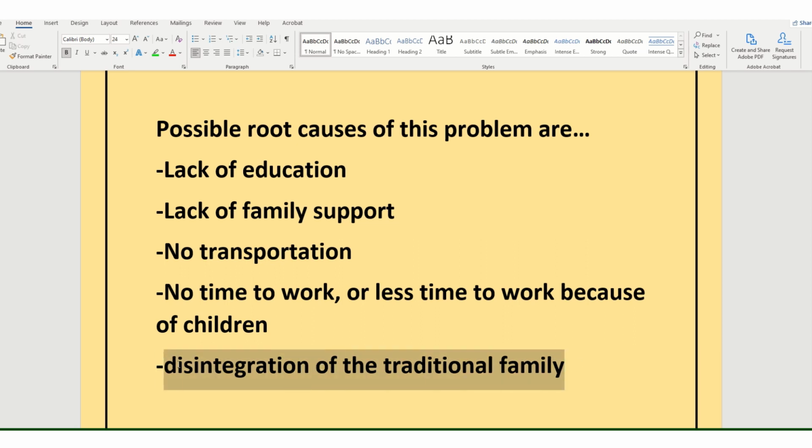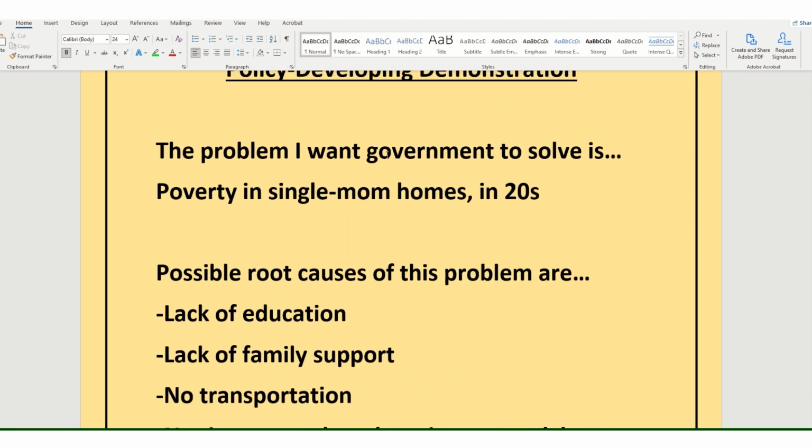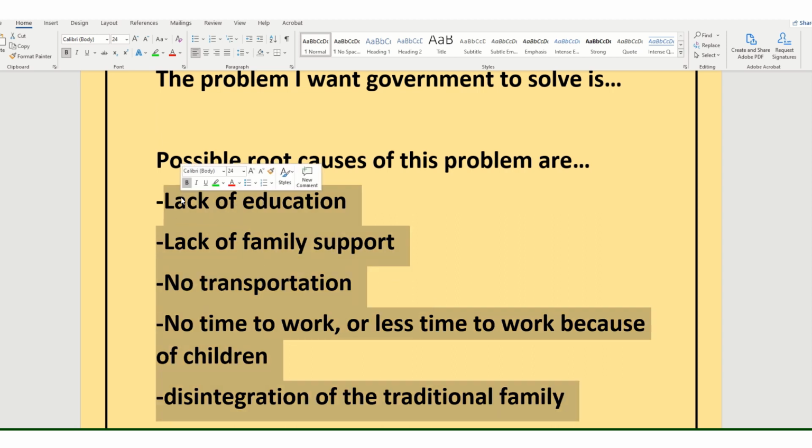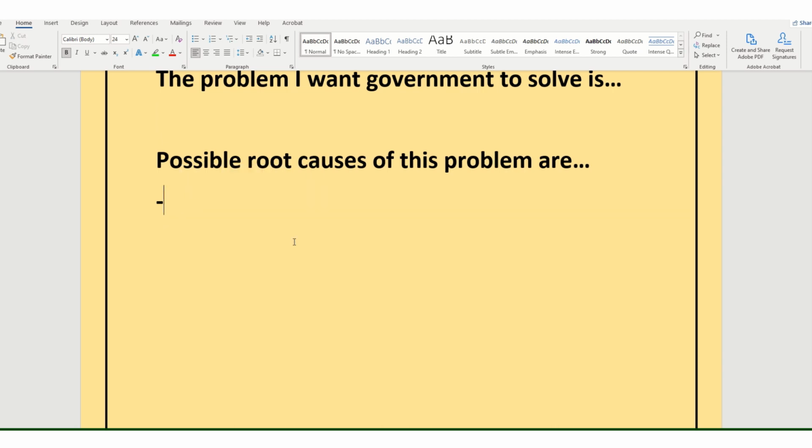Otherwise, you're going to be walking through time and space, purposely blinding yourself or purposely keeping yourself blind to a real cause of a problem. Okay, so notice again how narrowly I stated this, and the root causes have nothing whatsoever to do with government. So whenever you start coming up with solutions, you're going to have to identify those root causes.